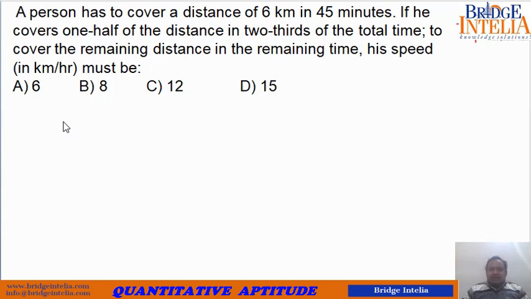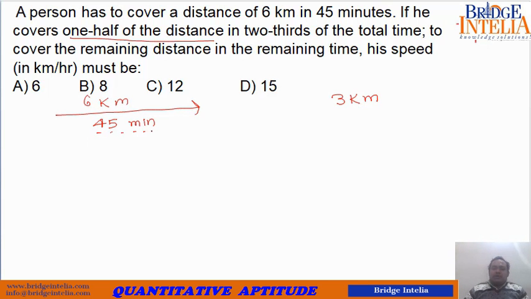A person was supposed to cover 6 kilometers in 45 minutes. But what has he done? He covers 1/2 of the distance, which means 3 kilometers, in 2/3 of the total time. 2/3 of 45 minutes is 30 minutes.